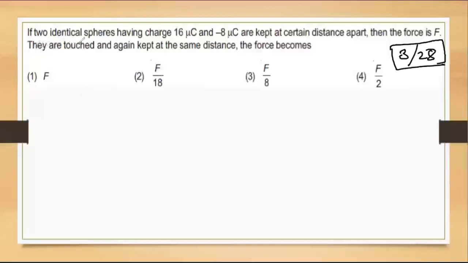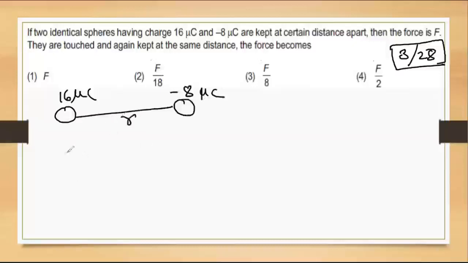Well, if two identical spheres having charge 16 and minus 8 are kept at a certain distance apart, then the force is F. So you see, this is 16 microcoulomb and this is minus 8 microcoulomb.